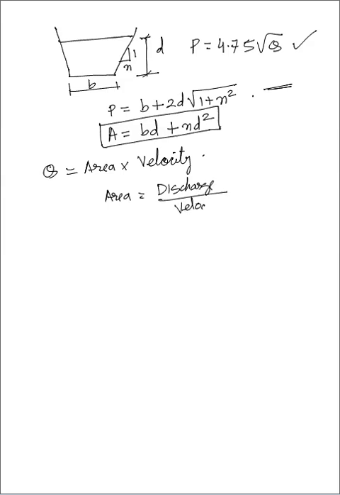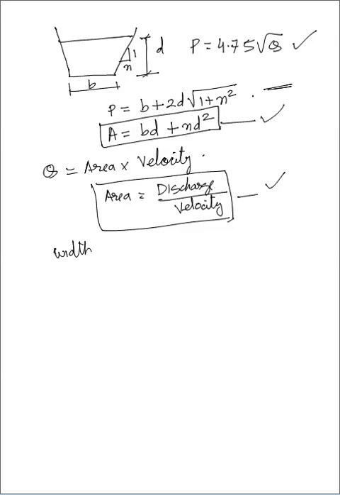So we can equate these two also. For perimeter we have two formulas, for area we have two formulas, and ultimately if we solve, we will get the width B and the depth D. These two I can easily get.